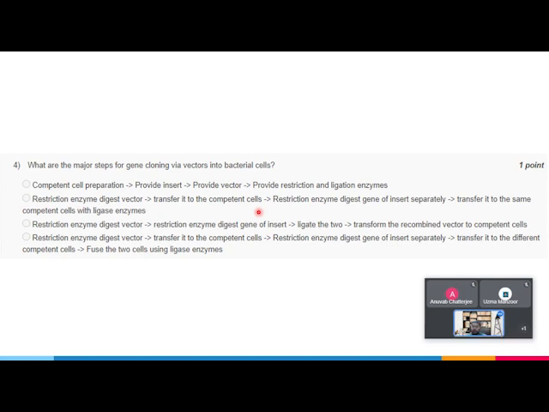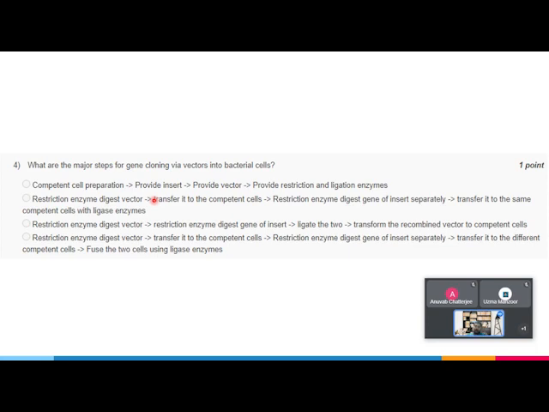The options are: competent cells preparation, followed by providing the insert, providing the vector, and providing restriction and ligation enzymes. The next option is restriction enzyme digestion of the vector, transferring it to the competent cell, restriction enzyme digestion of the gene separately, and transferring it to the competent cell next.